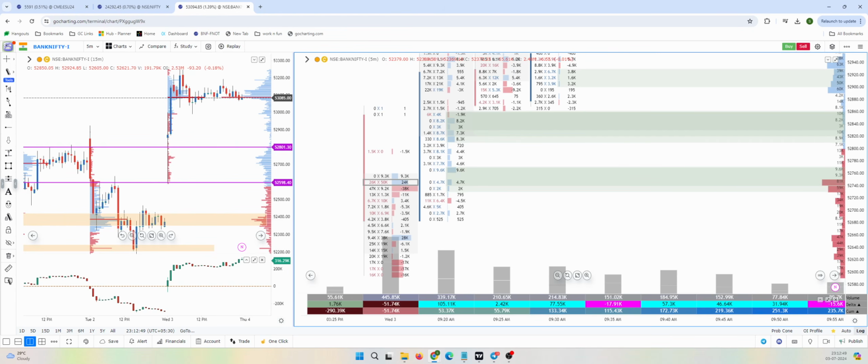Now what has happened here, if you see clearly, the first 5-minute candle had a delta of minus 51,000. So essentially 51,000 net more market sellers compared to market buyers, right? That is the interpretation.